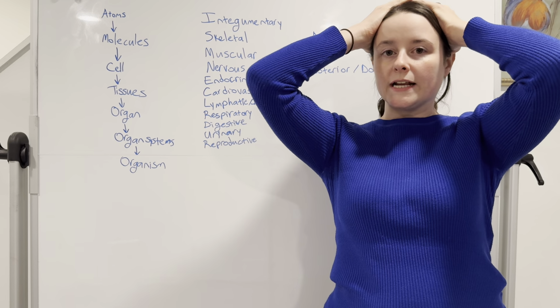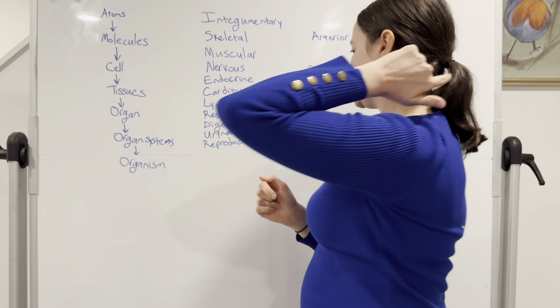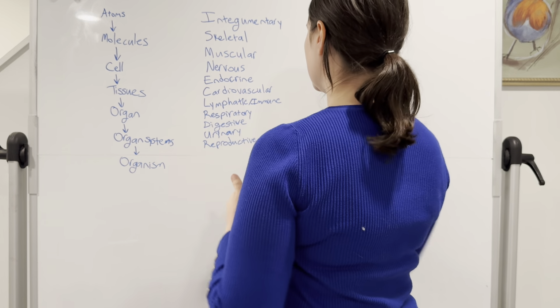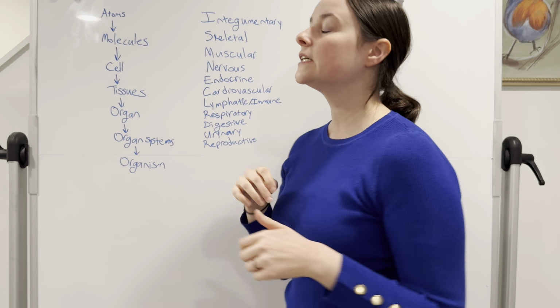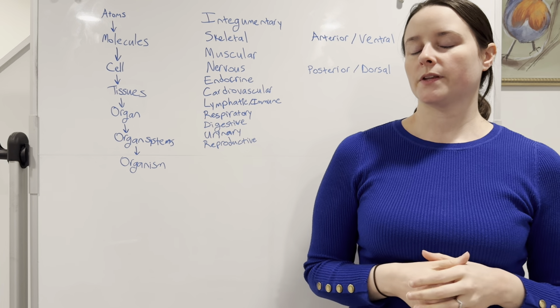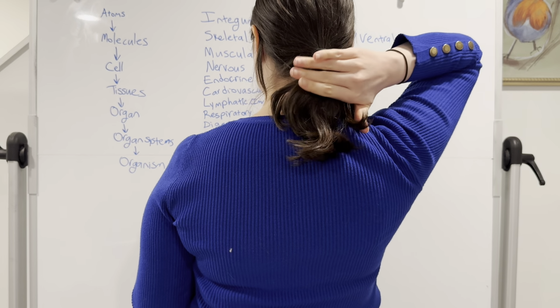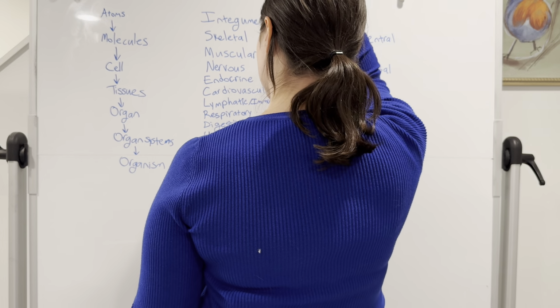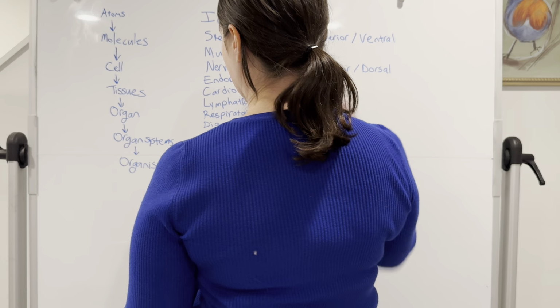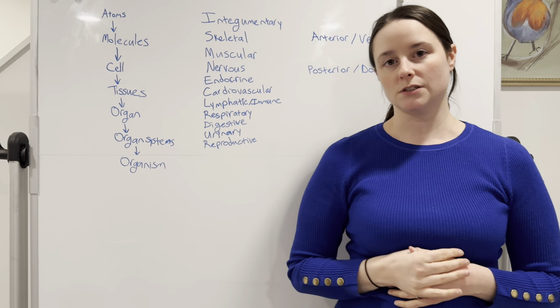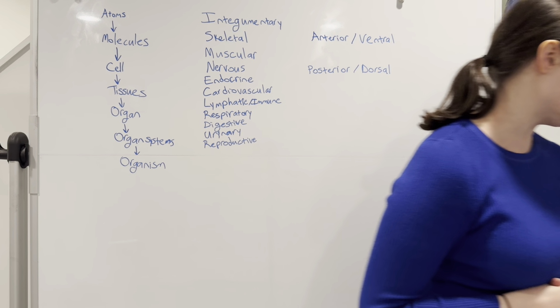The vertebral cavity is the openings within the vertebrae that hold the spinal cord. These are both on the dorsal or back side of the body. So together, the cranial and vertebral cavities are known as the dorsal cavities.